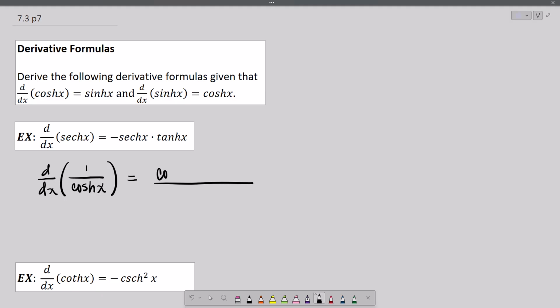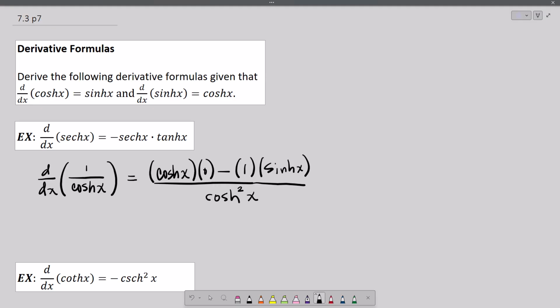The low function is the one in the denominator, so there's low. What is d high? In other words, the derivative of the numerator. Zero. So low d high minus high d low. High is just 1, and d low, the derivative of cosh, is sinh. And then divided by low squared, so cosh squared of x.